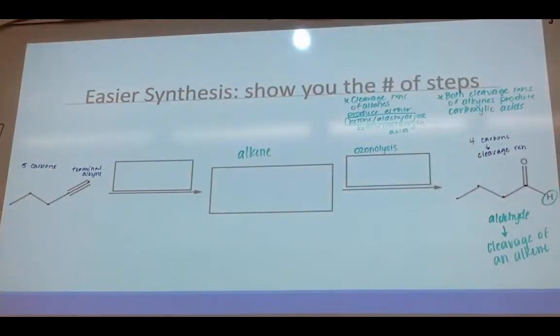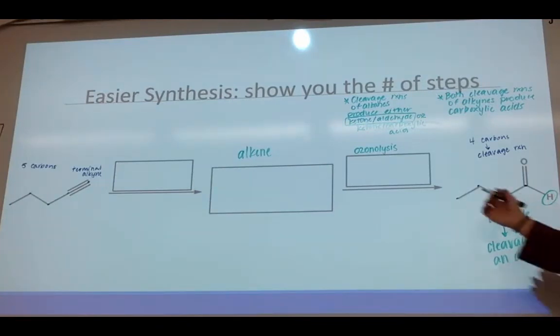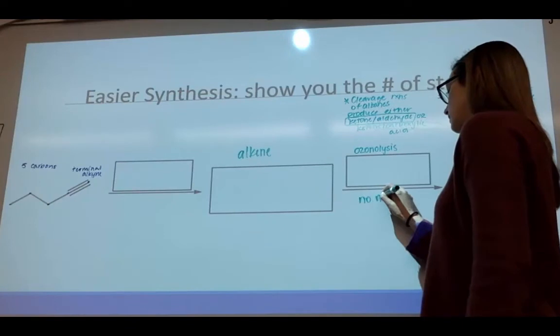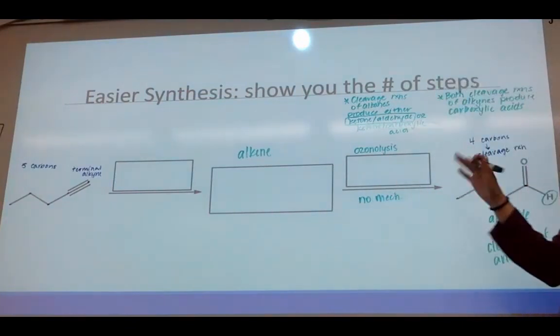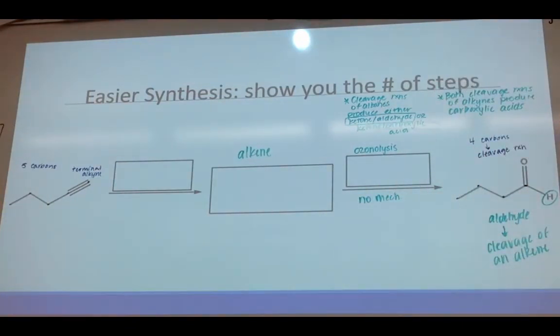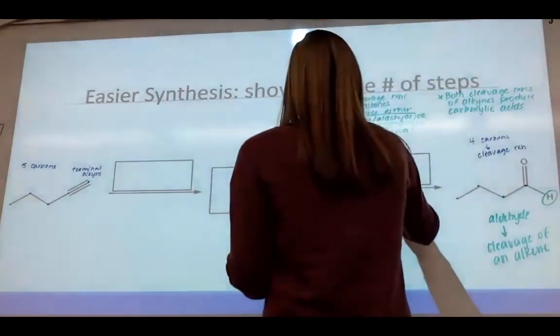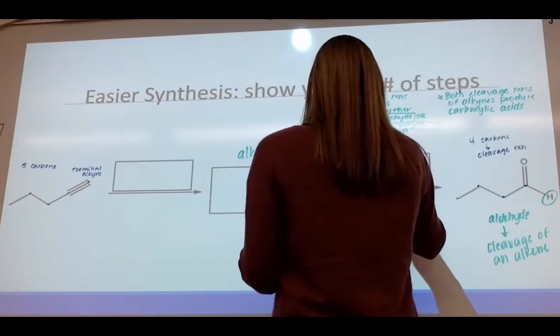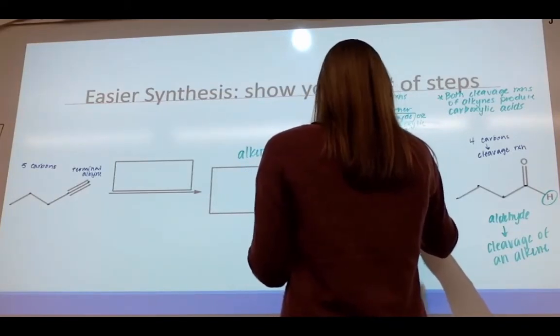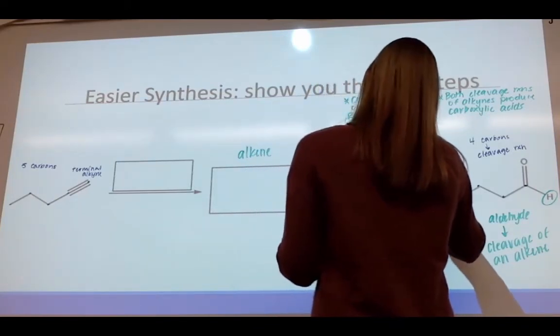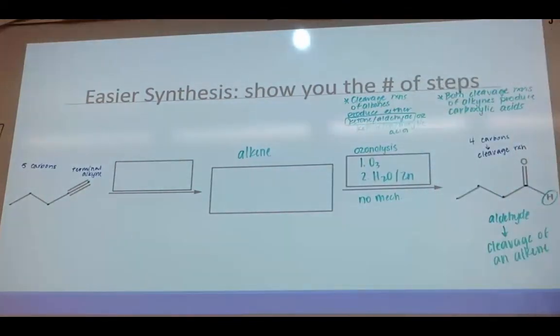So ozonolysis produces that aldehyde. You don't need to know the mechanism. I'm just reviewing what you should know the mechanisms for and what you don't have to know the mechanisms for. So ozonolysis uses ozone, which is O3, and uses water and zinc.